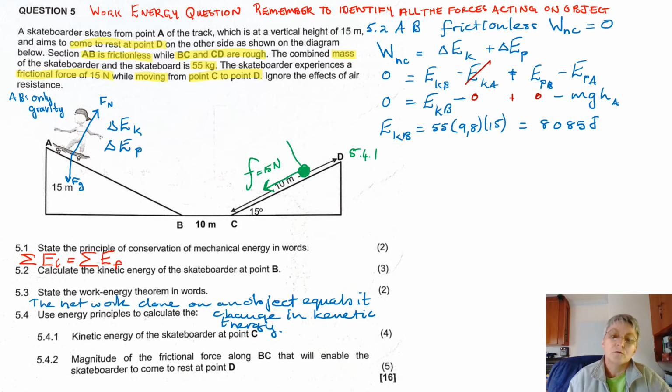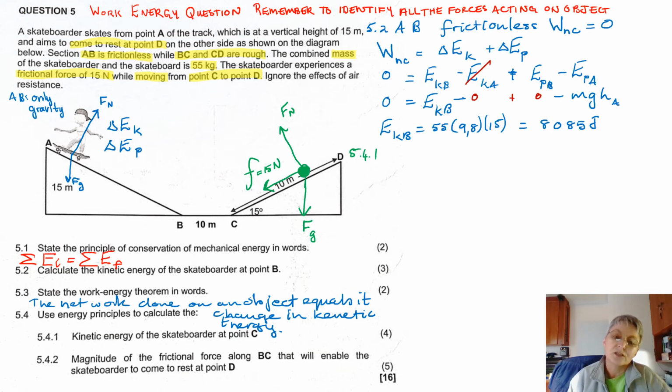The normal force will not do any work on the object. The gravitational force, only the component of the gravitational force parallel to the plane will do work. Right, so there are two forces doing work on the object. It's the frictional force and the component of the weight parallel to the plane.